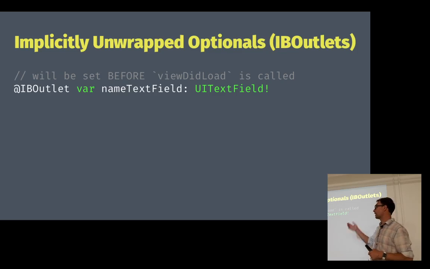So in the case of view controllers, iOS is going to guarantee that you've actually got values set by the time viewDidLoad is called. Of course, if you forget to do your connections, then it's going to crash, but that's probably what you want.